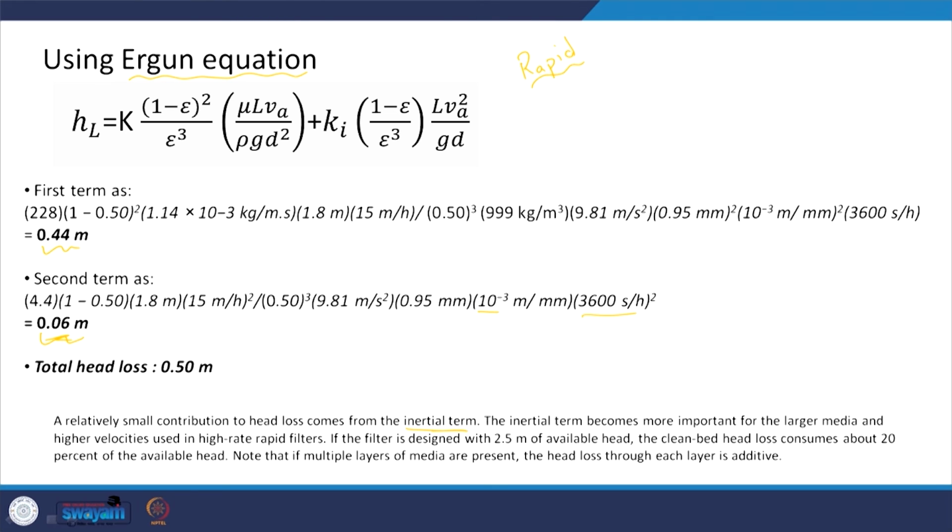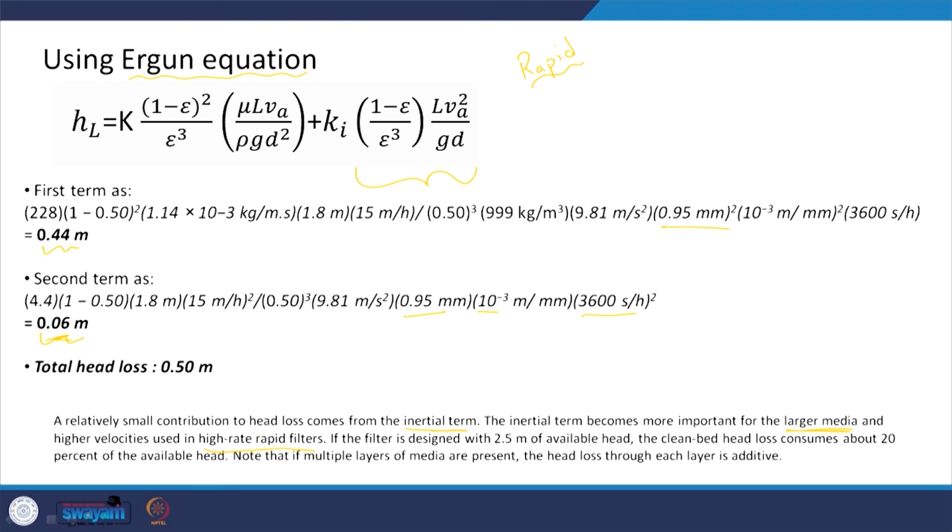So, first term has diameter square and the second term has diameter, again velocity and such. As we can see, the inertia relevant term is relatively less, but it becomes important for larger media and higher velocities, used in high rate rapid sand filters, let us say.